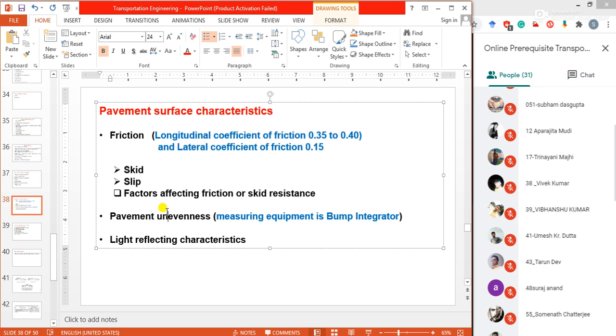So next, skid is the thing which I think is clear. Now slip. Slip occurs when a wheel revolves more than the corresponding longitudinal movement along the road. Slipping is when your wheel is rotating, but you are not moving from your place. You are still in your place, but your wheel is moving. That kind of situation is called slip.